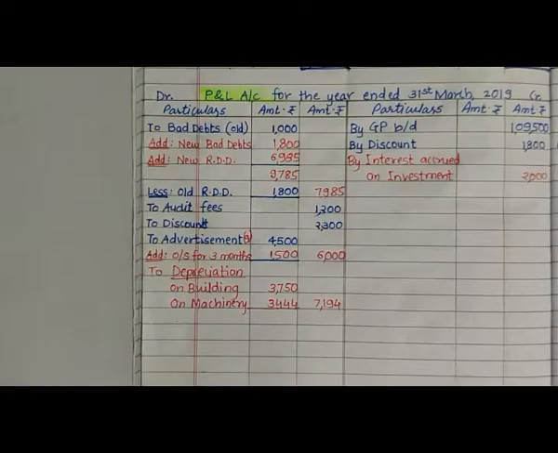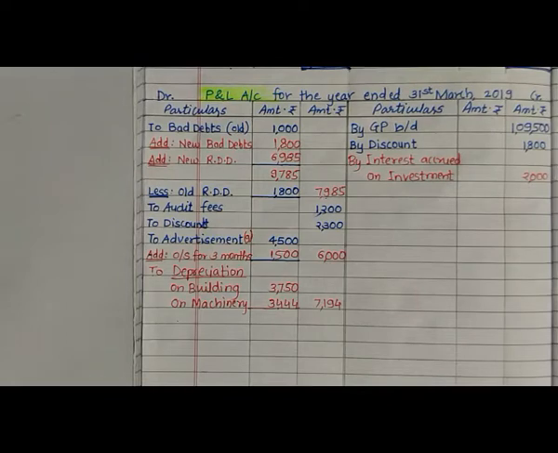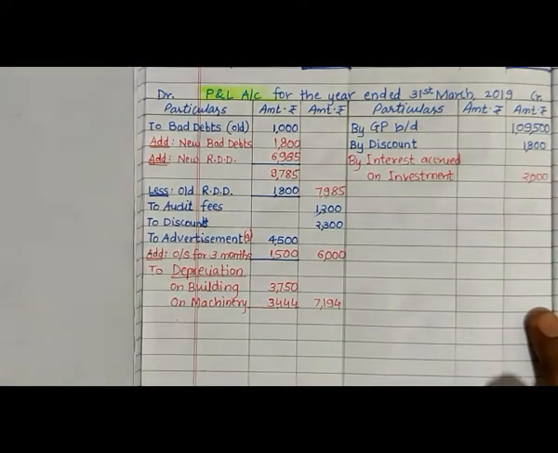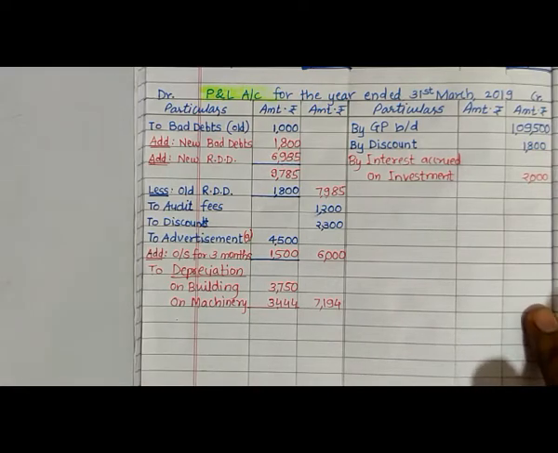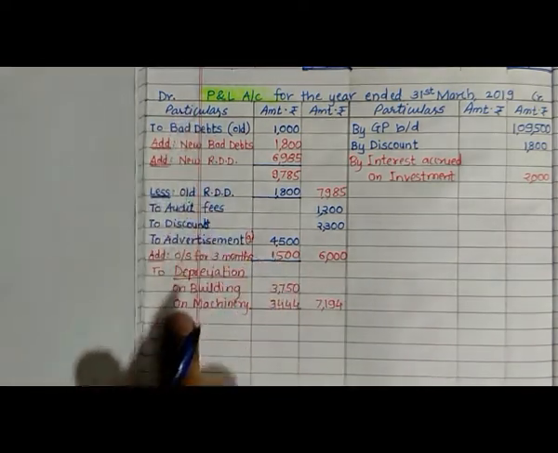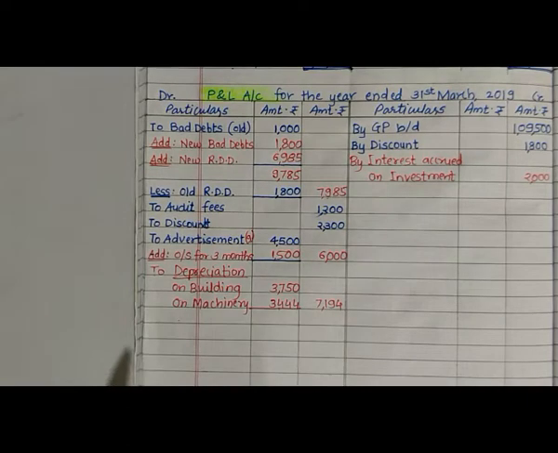If you total both the sides of profit and loss account, and if credit side is heavy, the business has earned net profit, and if debit side is heavy, the business incurred losses in this year.